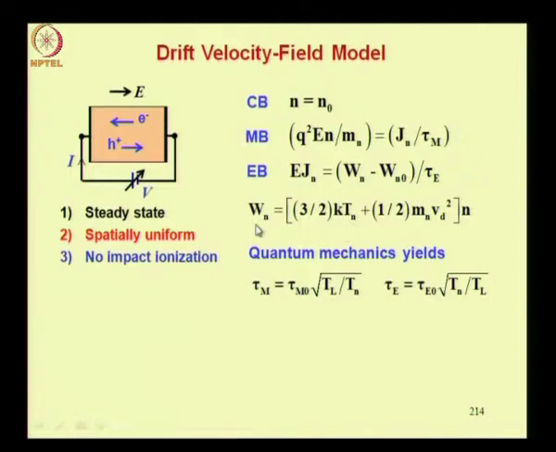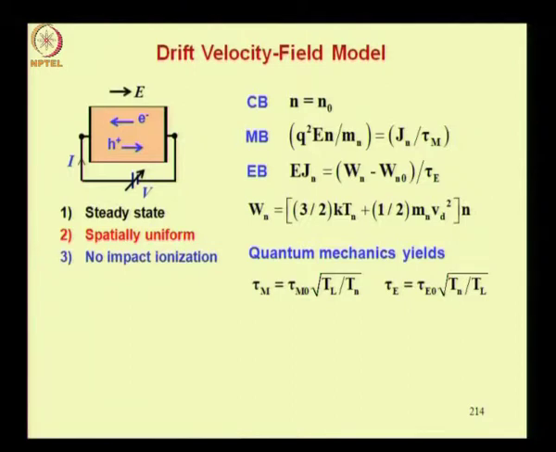Recall that this kinetic energy density can be split into two parts, a random component called the thermal component and a directed component called the drift component. Since it is energy density, you have the electron concentration term coming there.